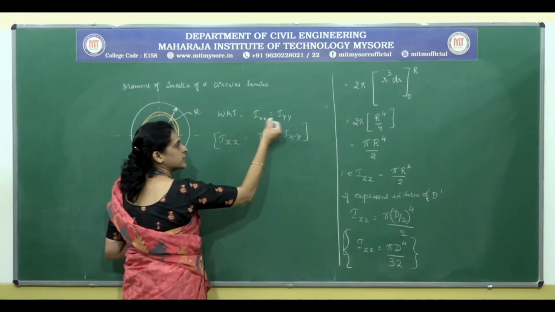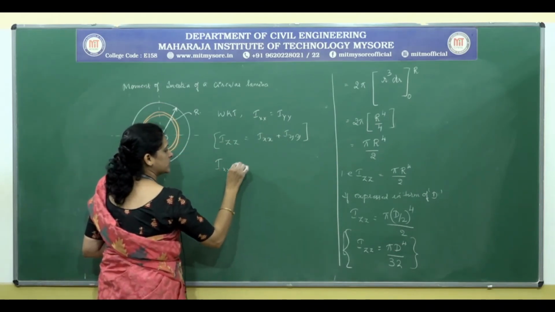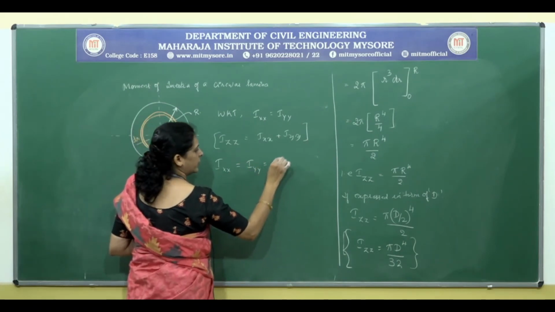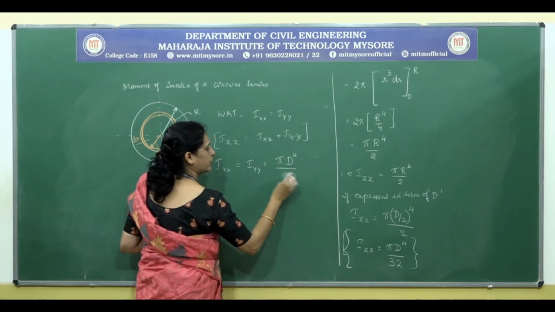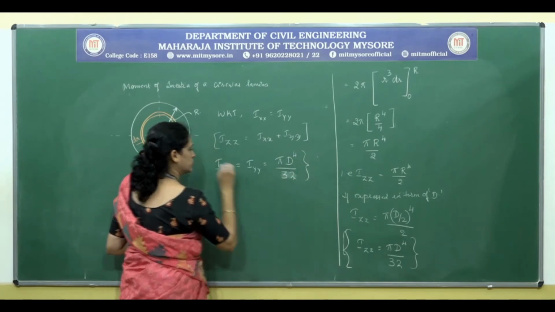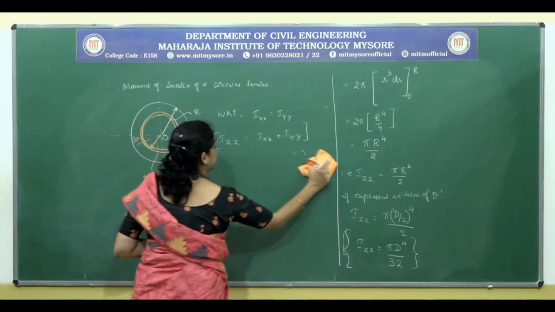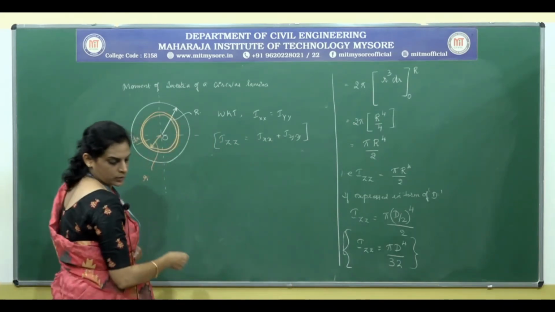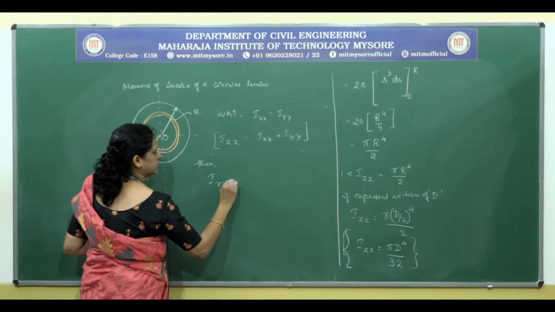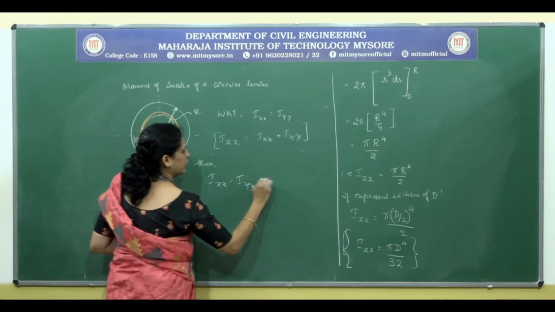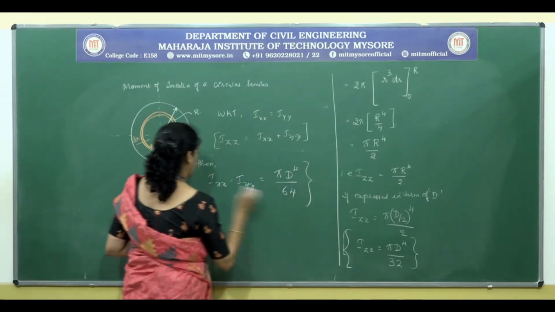Since we know that Ixx is equal to Iyy for a circular lamina, then Ixx is equal to Iyy will take the form pi d to the power of 4 by 32. Then Ixx is equal to Iyy will be pi d to the power of 4 by 64.